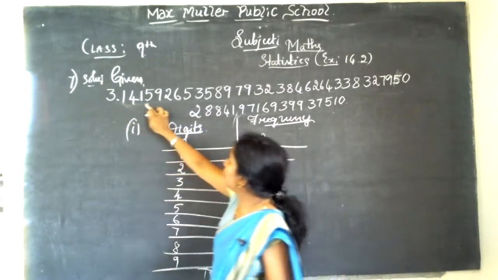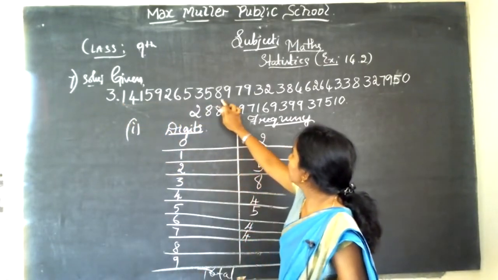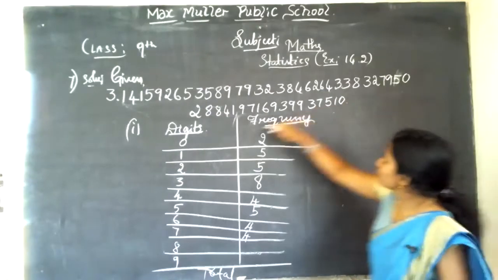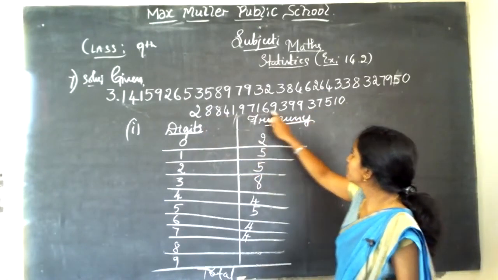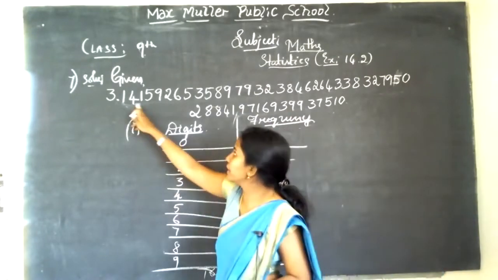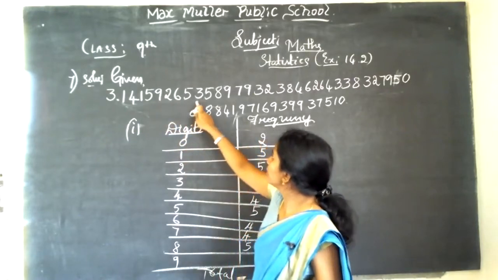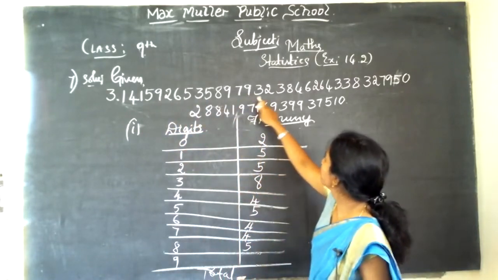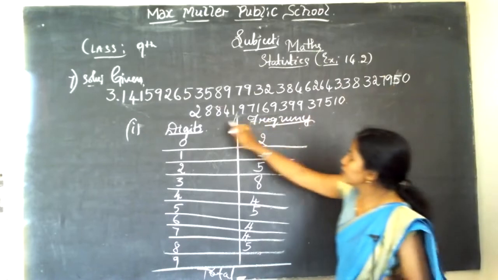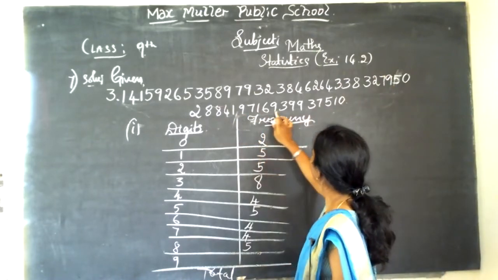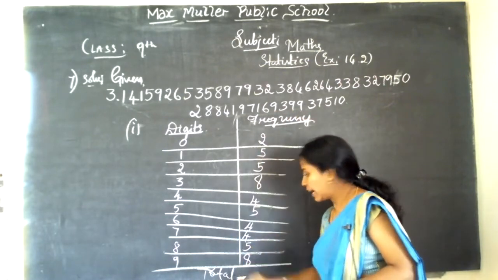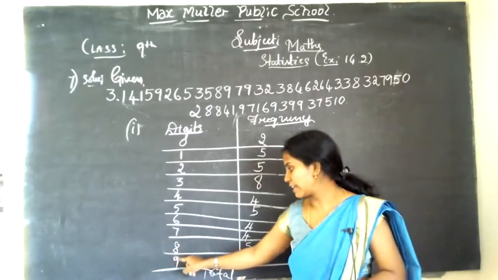After the decimal point, look for 8. 1, 2, 3, 4, 5. So you have 5. Then 9. Counting from here, 1, 2, 3, 4, 5, 6, 7, 8. So 9 has repeated 8 times.